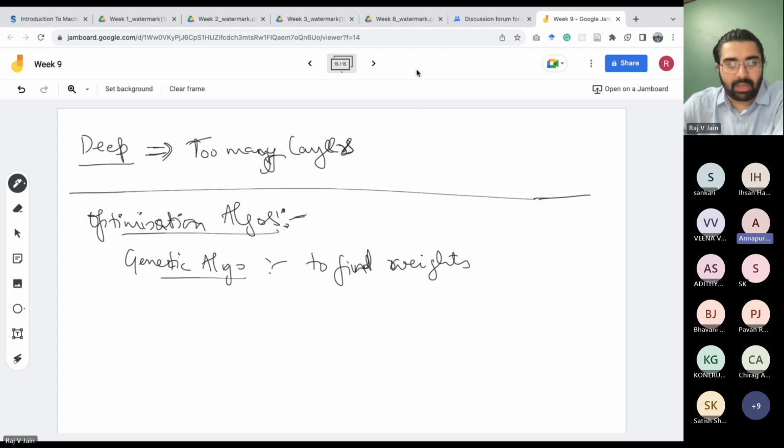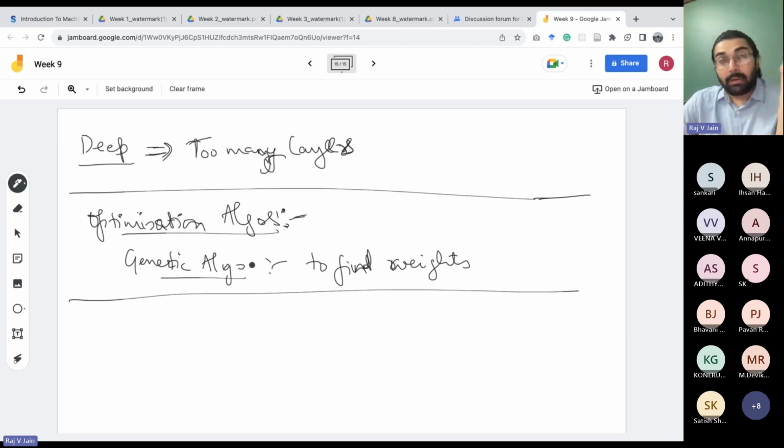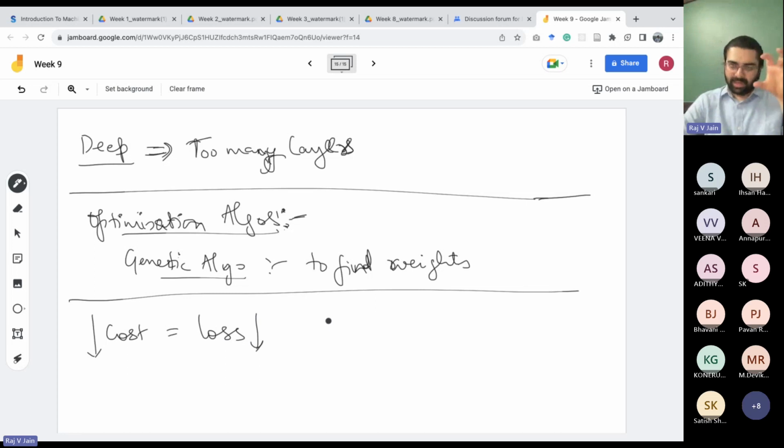Sir, are the terms cost function and loss function the same? Yes, both are very similar. In very specific algorithms, it makes sense to call it cost. But in a general sense, cost function means loss function, because the idea is you tend to reduce the loss, which is also the terminology of reducing the cost associated with the prediction.